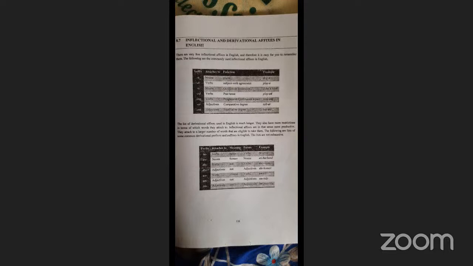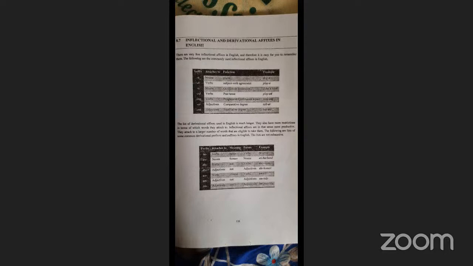And that new word comes in a completely new word category than the parent or original one. Then such a word is called derivational. That process of forming a new word is called derivational. Whereas if a prefix or a suffix is added but the word category doesn't change, then such a process is called inflectional.